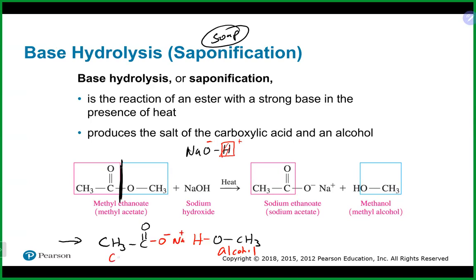We will actually result in a carboxylic acid salt. So what we were looking at earlier, we'll actually get a salt rather than the completed carboxylic acid because we're using a base rather than water and an acid in this particular case.